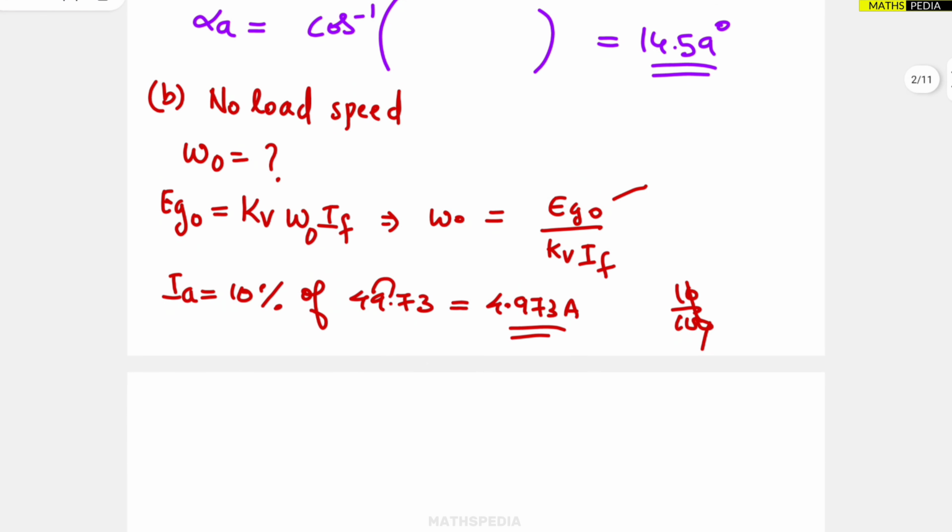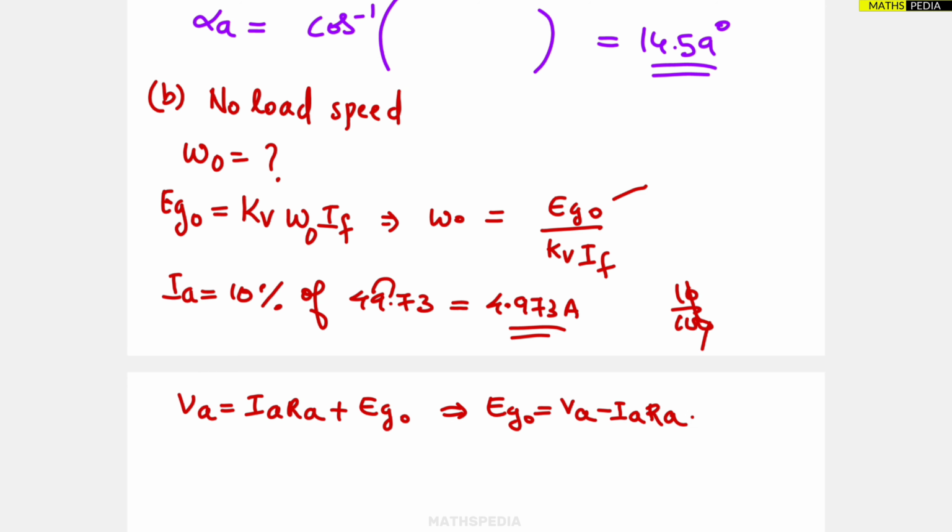Now EG naught we have to find out. What is the formula we have studied? To find EG naught we go by the VA formula: VA is equal to IARA plus EG. So EG naught becomes VA minus IARA. Do we have to find VA again?